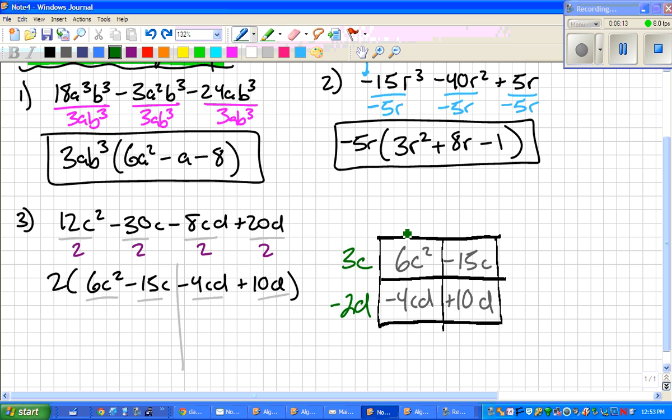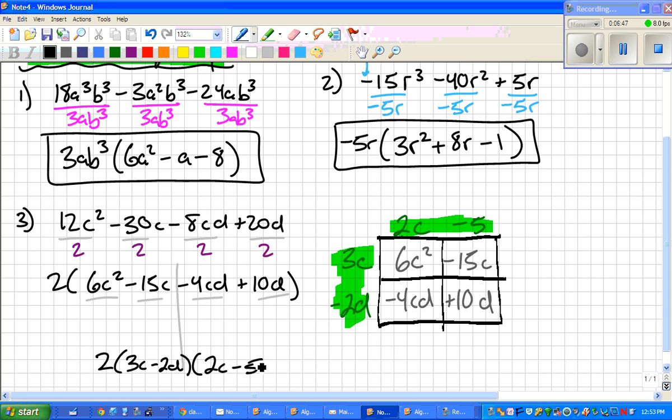We can take out a 2, and they both have a C. And now of the right, our leading coefficient is negative, so it's going to be a negative 5. And now the nice thing about that is now we have our two binomials right there. Okay, so your final answer, don't forget the 2, 3C minus 2D, and 2C minus 5.